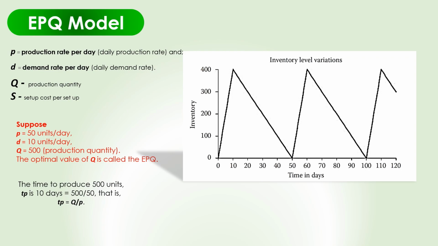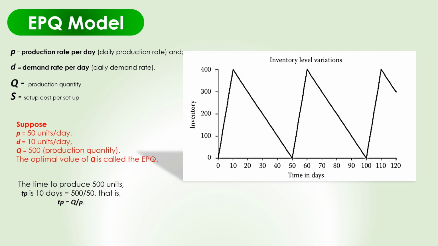So at the end of 10 days, ma-reach na natin yung maximum inventory natin because ang production time lang natin is 10 days to produce the 500. And bakit siya naging 400? Kasi meron tayong constant demand rate na 10 units per day.